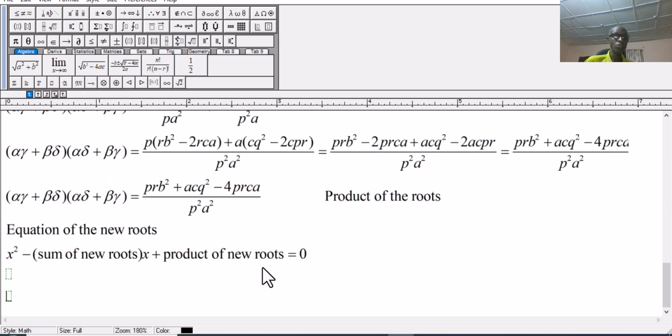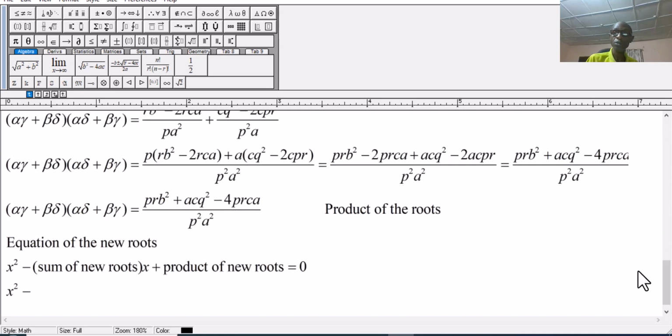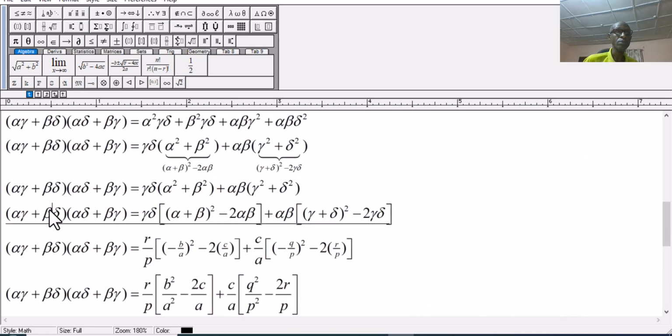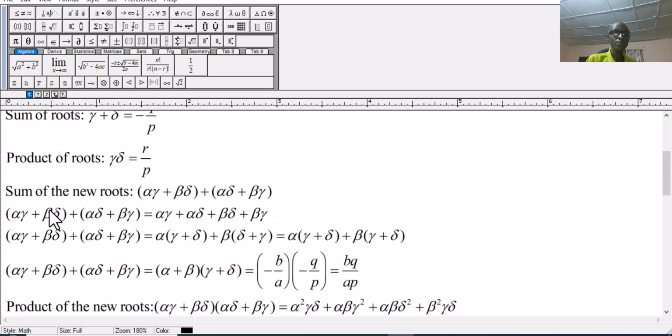So all I just need to do now is just to copy x squared minus the sum of the new roots which we have gotten before. Let me just trace it up. This is the sum of the new roots. We got it to be this. That's the sum of the new roots.